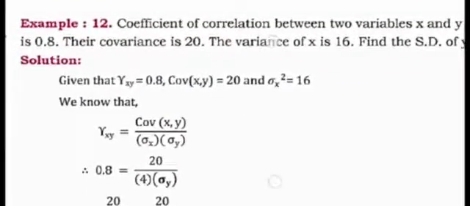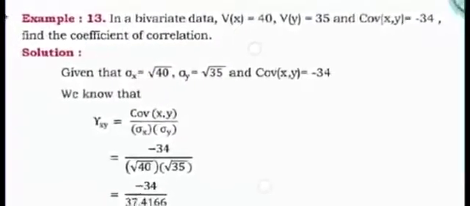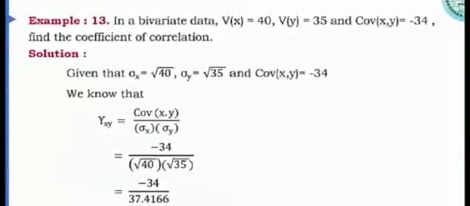Based on the same thing, you have the next example also, example number 13. In a bivariate data, variance of x is equal to 40, variance of y is equal to 35, covariance of xy is equal to minus 34. Find the coefficient of correlation. In this example, we want sigma x and sigma y, but the question has given us variance, so you have to take the square root of that.